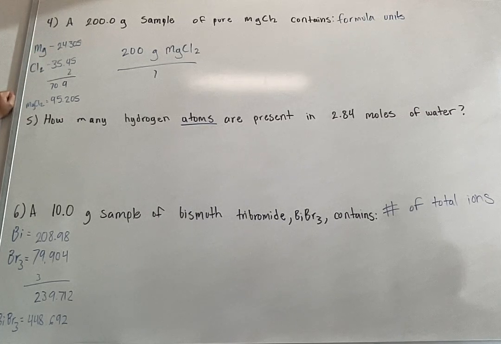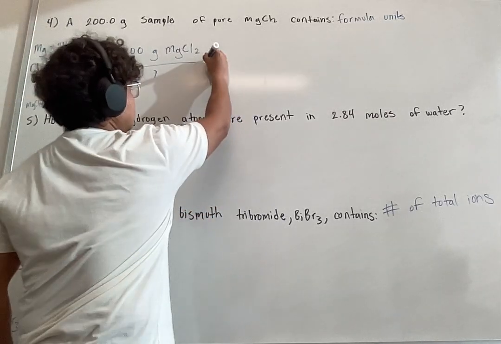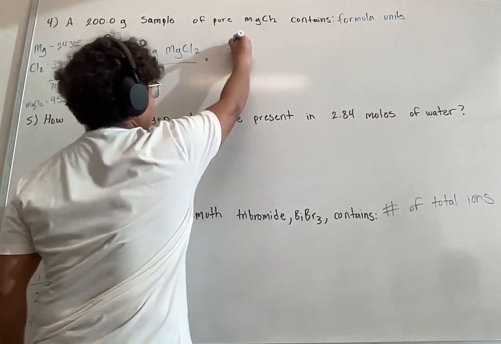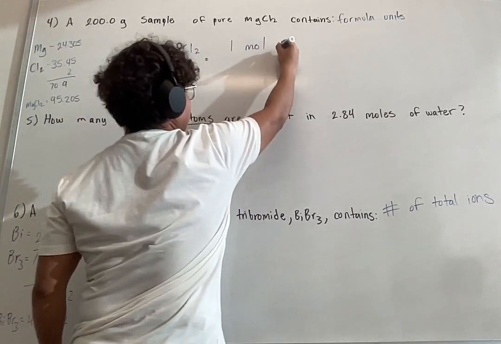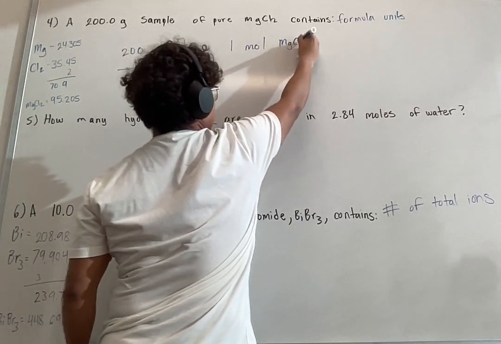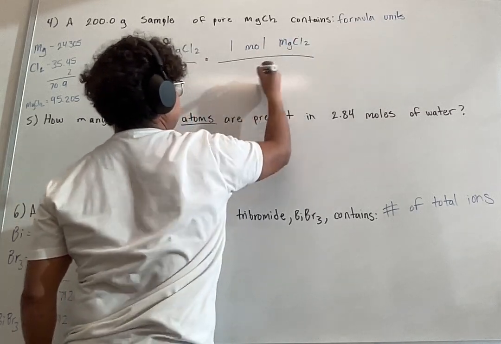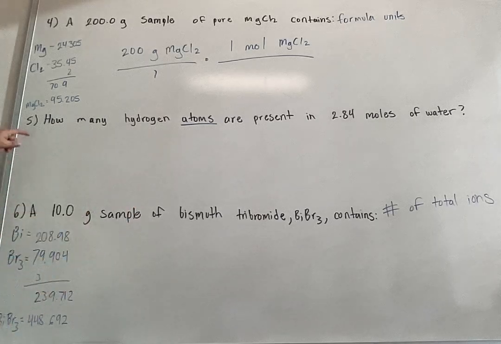So we got 70.9. So MgCl2 weighs 95.205 grams per mole. So we're going to multiply 1 mole of MgCl2 over the weight, which when you add it up, like I said, is 95.205.